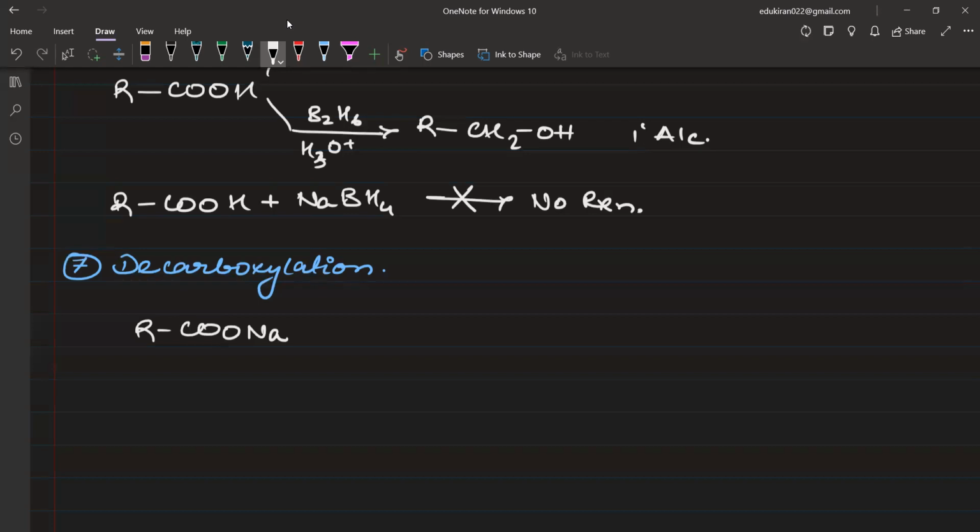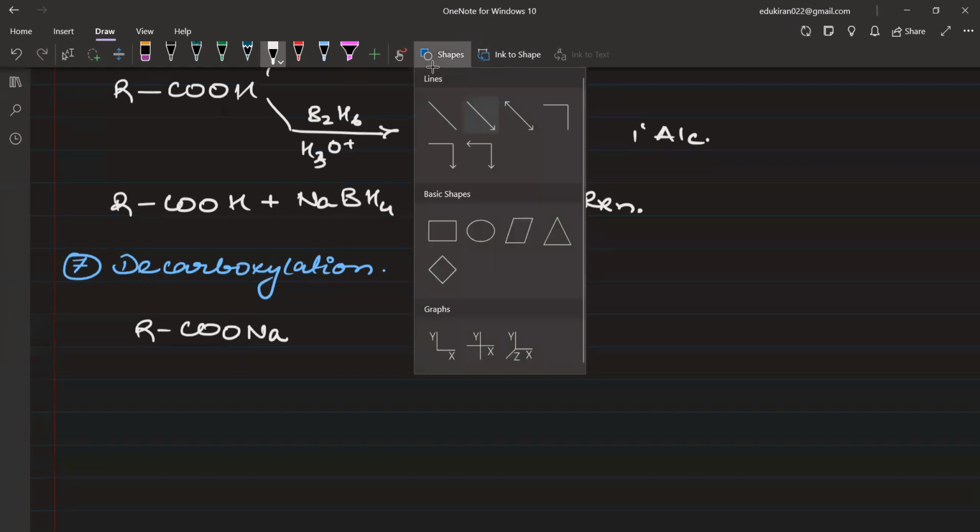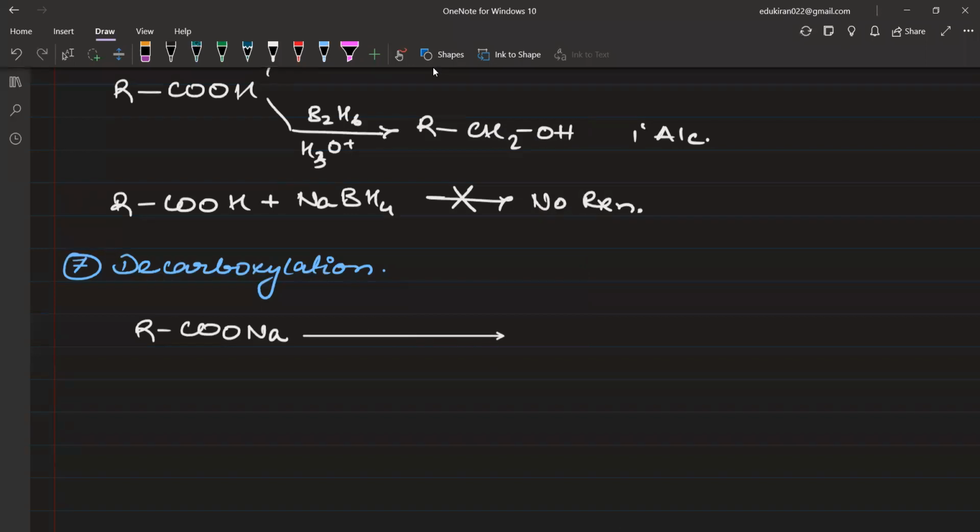All of this is going to give you what? RCOO negative and Na positive. Then you treat this with soda lime. Soda lime is a mixture of sodium hydroxide and CaO. Okay, we heat this with soda lime to get RH plus Na2CO3.